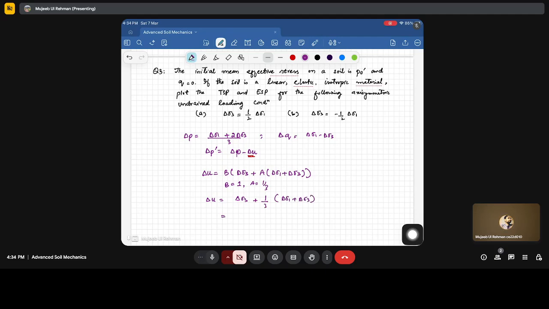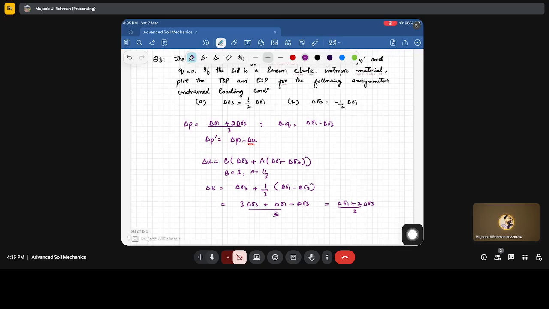If we rearrange this, it will be 3 times delta sigma 3 plus delta sigma 1 minus delta sigma 3, divided by 3. So it will be delta sigma 1 plus 2 times delta sigma 3 by 3. So for this case, delta U is equal to delta P.